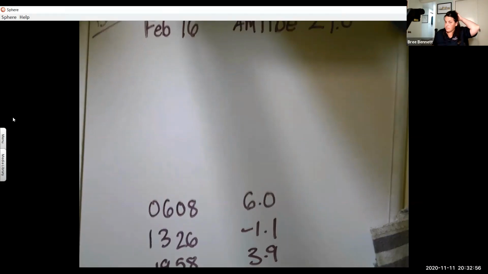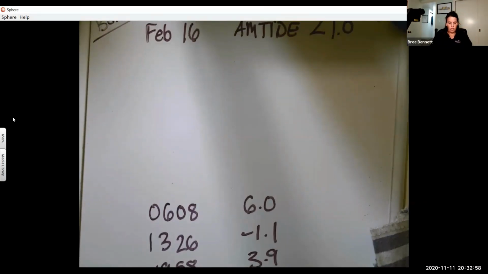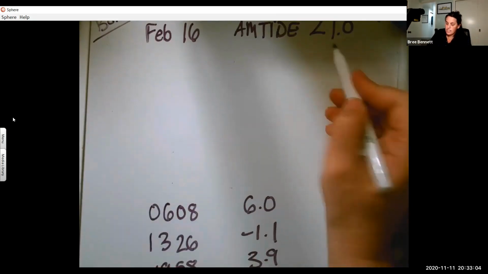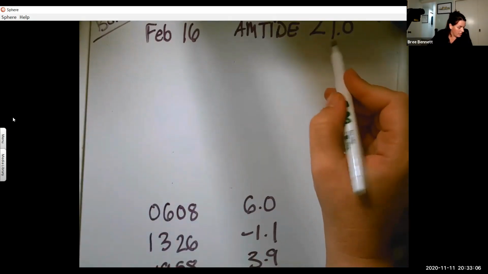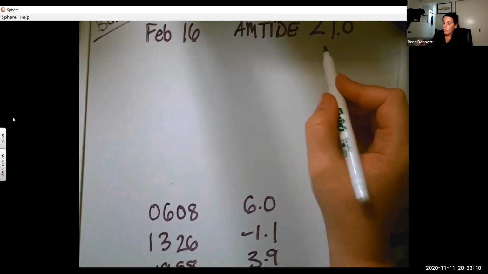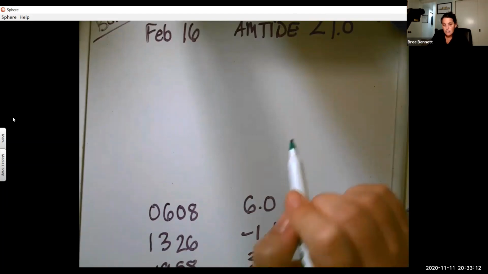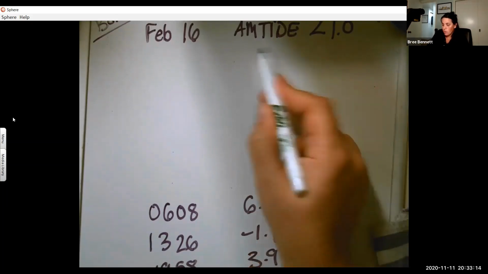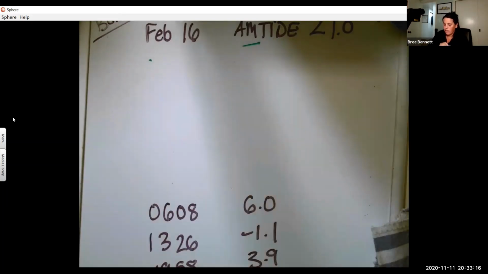Okay, there we go. So we want to know when is the tide, all right, we're looking for a time. When is the tide going to be 1 foot or less in the morning on February 16th.